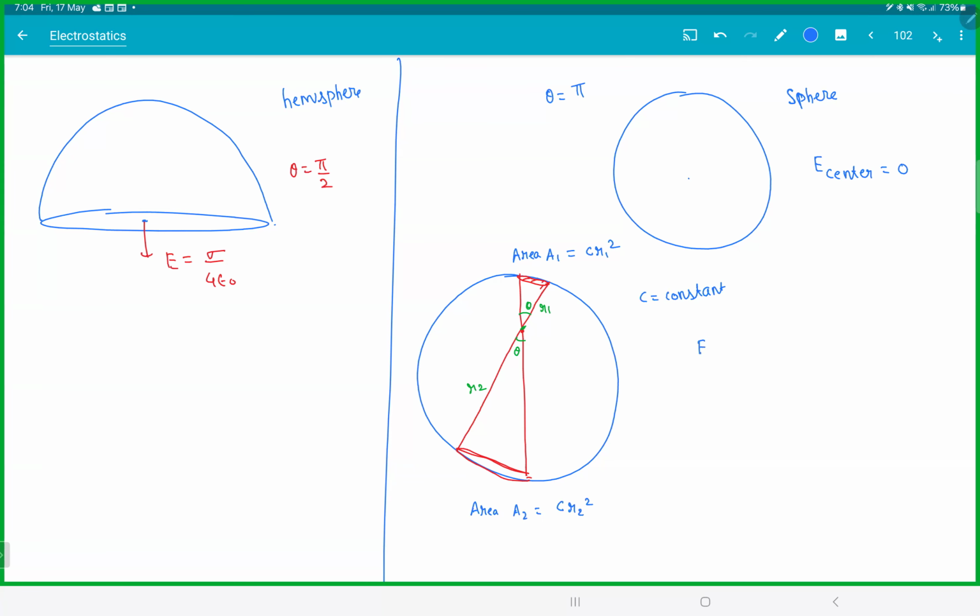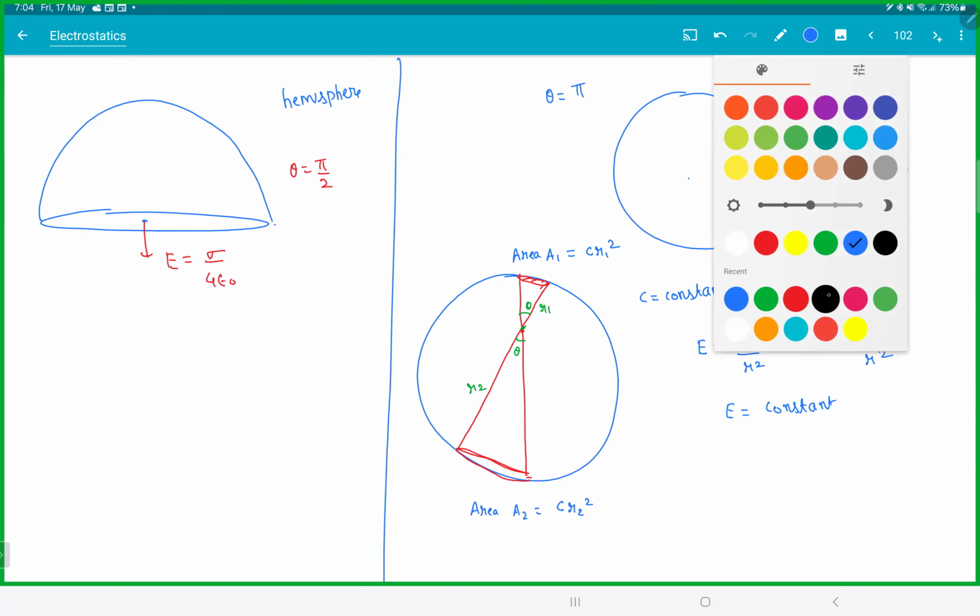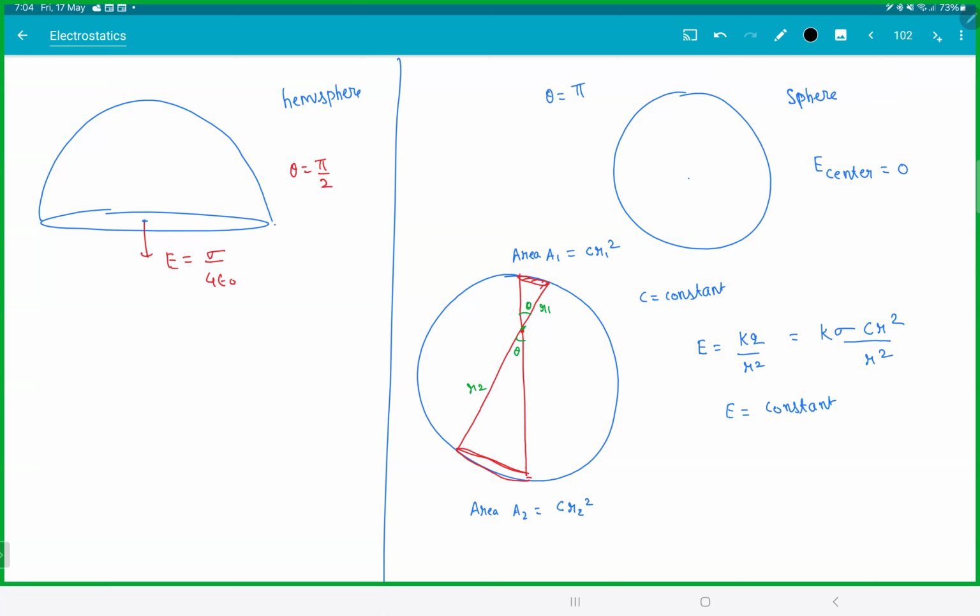Therefore, the field is nothing but KQ by r square. So Q is nothing but sigma into area, which is C r square by r square. r square cancels off, so E is constant. That means whatever field this A1 generates, the same field will be generated by A2. You're making sense?